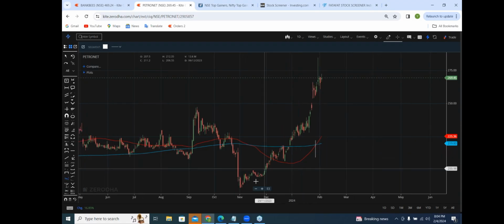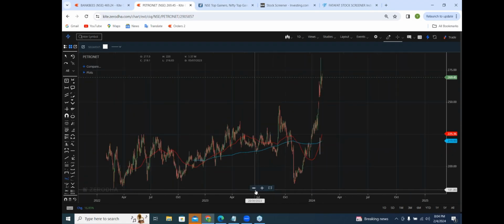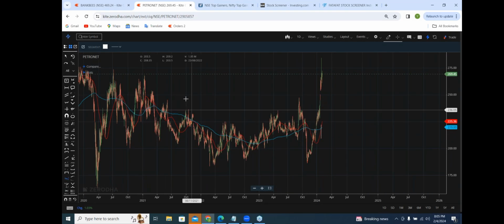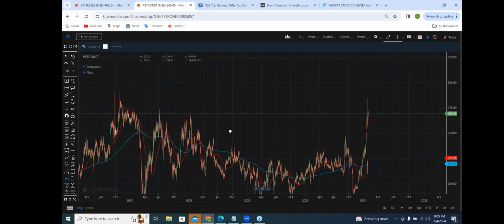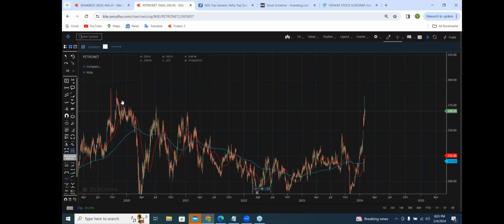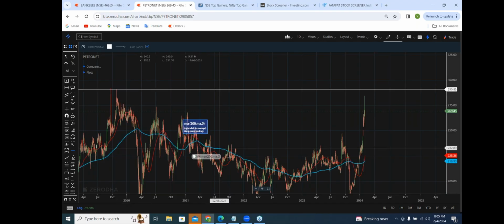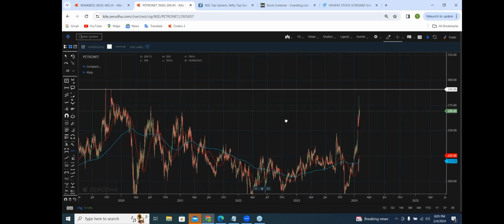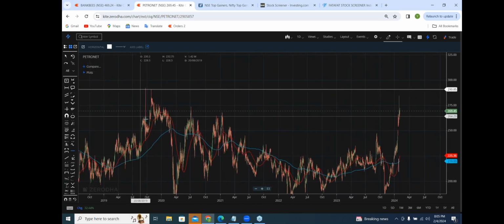And let me zoom out. So is there any resistance? Yes. Don't you think the highest resistance is available here? So what is the high of this?